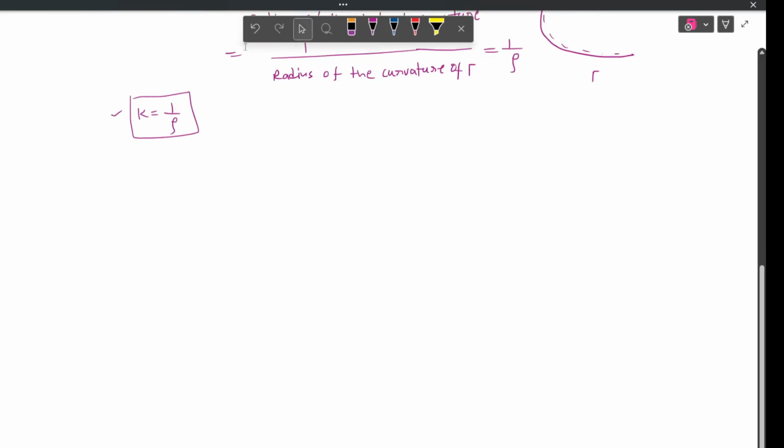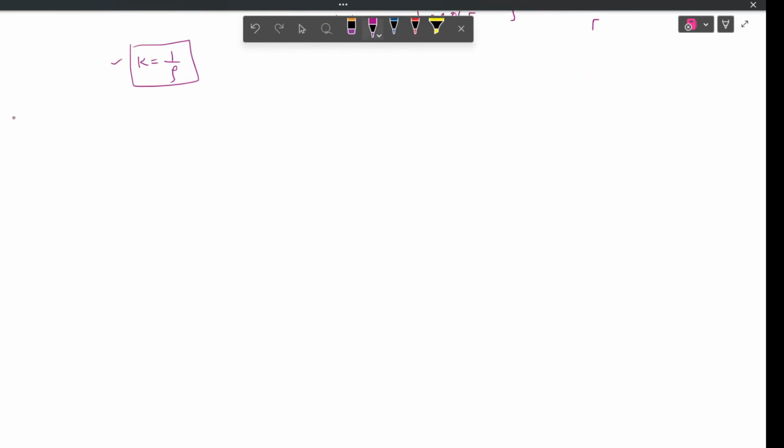Now let's move forward to our next topic, which is the formula of the radius of curvature, rho.